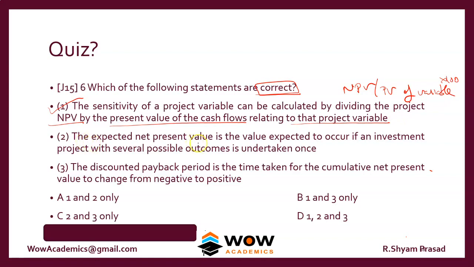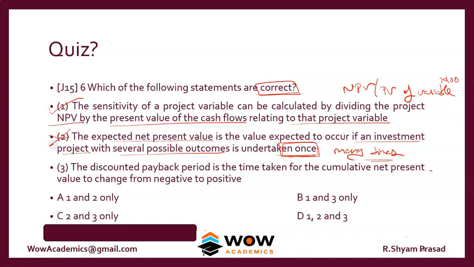The expected NPV, I think this is the probability, is the value expected to occur if an investment project with several possible outcomes is undertaken once. No, it's undertaken many times. Okay, once means it's a one-off decision. Many times refers to repeated decisions.